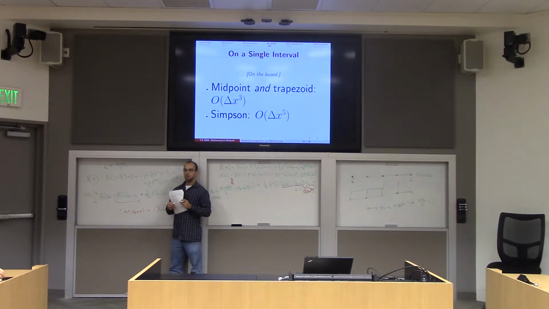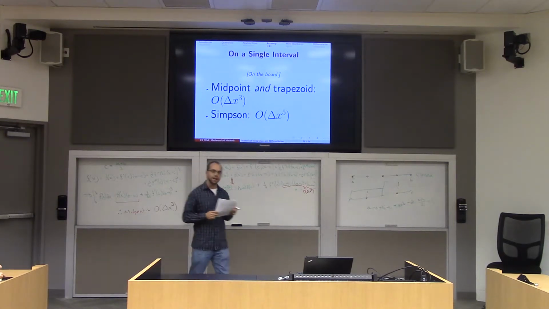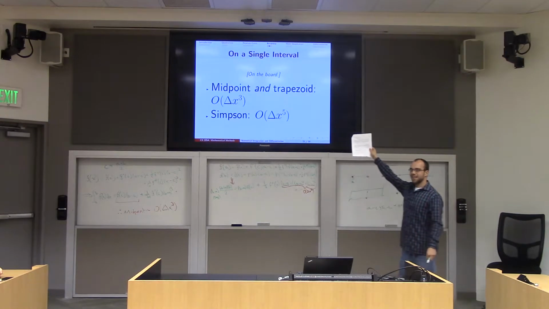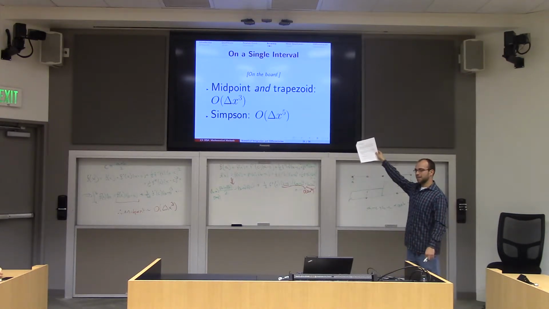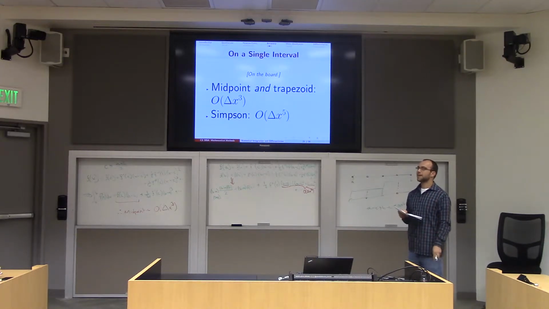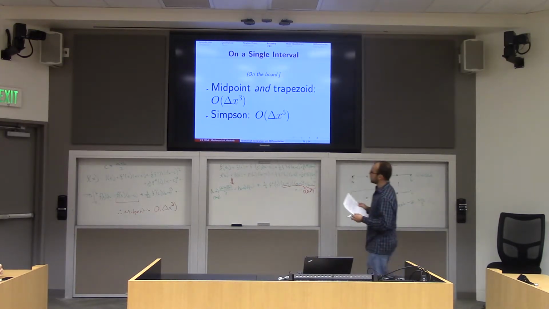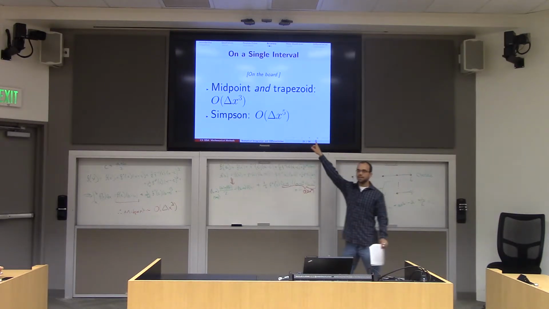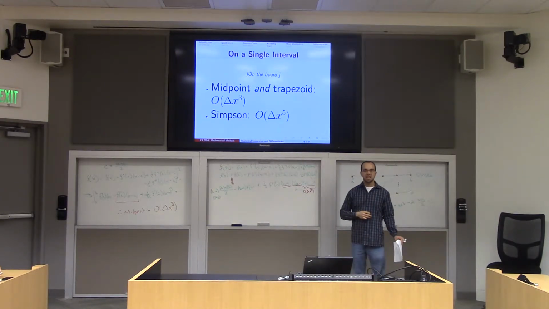So in other words, what I just showed you guys is that the midpoint rule also is cubic in its approximation quality. Notice that this is actually kind of a weird property, right? Because we added a second data point, right? The midpoint rule only knows f of x at the midpoint. The trapezoidal rule knows f of x on the two sides, but we actually didn't gain anything. Both methods are x cubed. Yeah? That's kind of surprising.